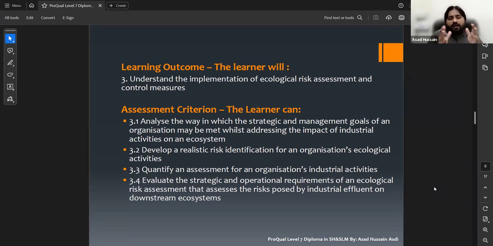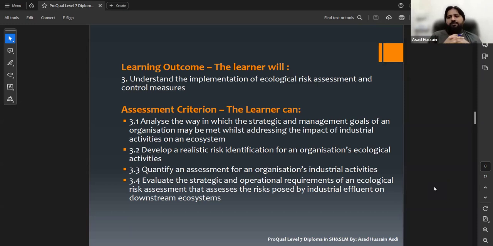Definitely, if there is a generic risk assessment, and the support and commitment is not shown from top management in the form of strategic plan, strategic management, then it will not work in the case of an ecological system.